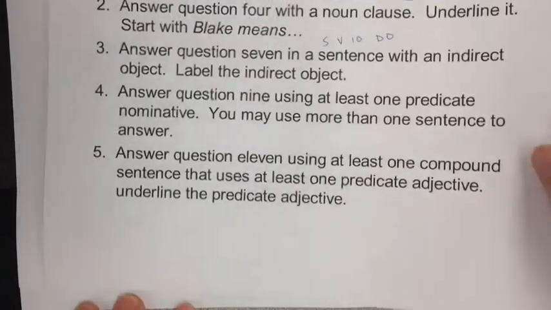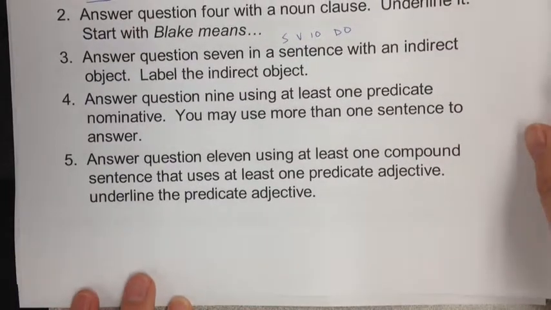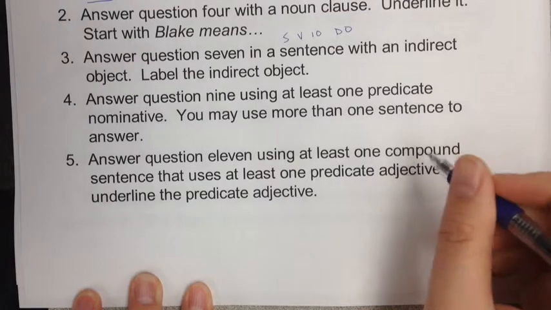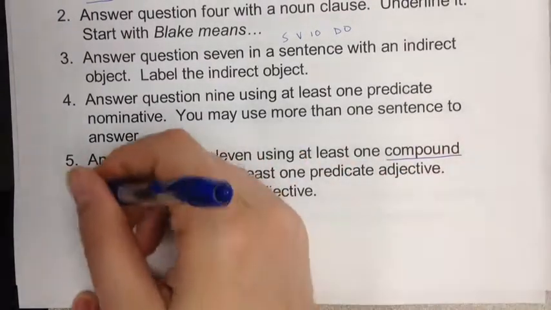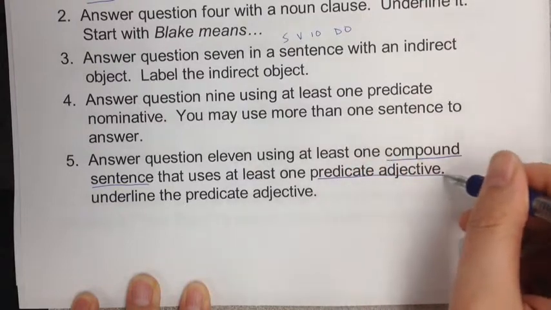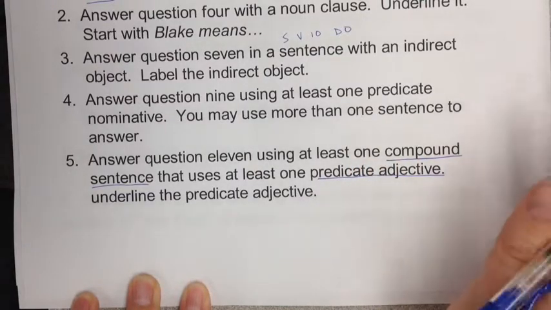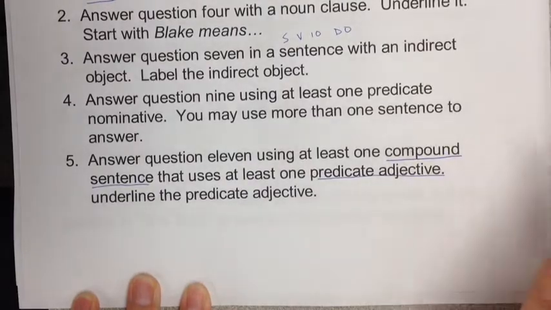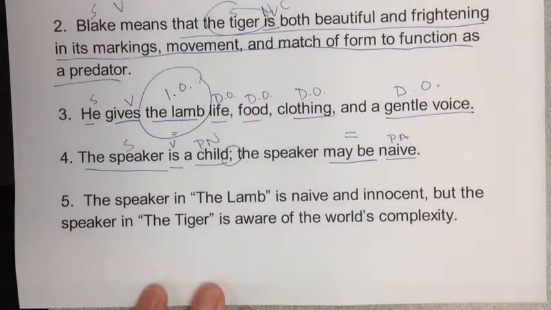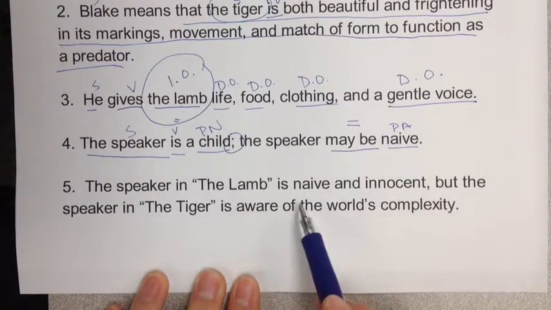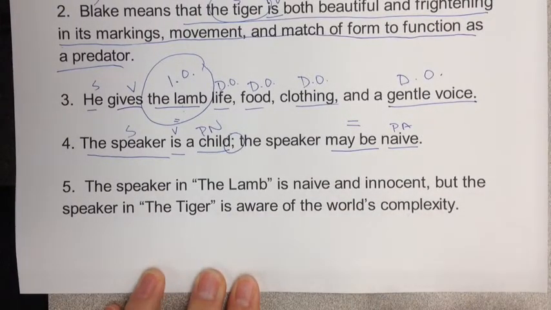which leads us right to question 5. Answer question 11 using at least one compound sentence that uses at least one predicate adjective. So if you actually answered question 4, that would also work for question 5, so that's kind of neat. So here we go. The speaker in The Lamb is naive and innocent.